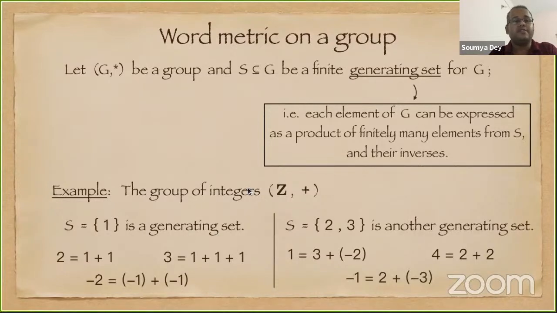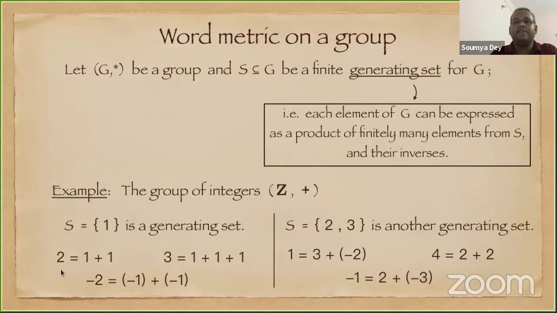What is the meaning of this? The meaning is, given any element of Z, you can write that element as a finite sum or finite product, whatever operation you have. You can write any element of Z as a finite sum of ones.